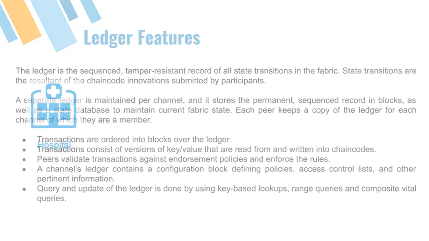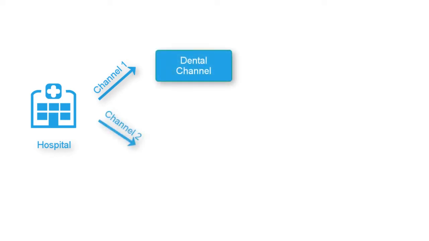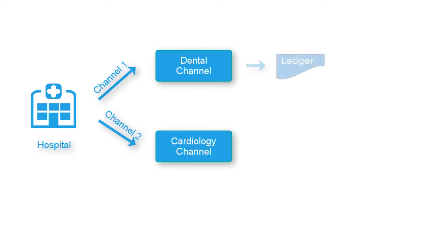For example, let's say you are working in the hospital industry and you have two departments which have two channels separated by their functionality. You have channel 1 related to dental and channel 2 related to cardiology. Now the dental channel will have its own ledger and the cardiology channel will also have its own ledger.